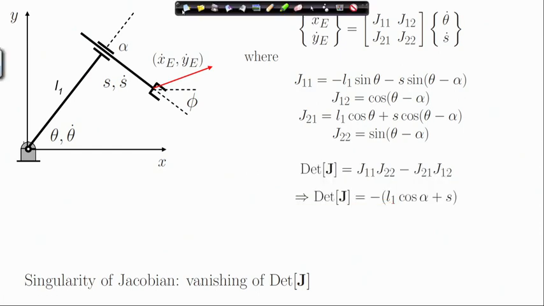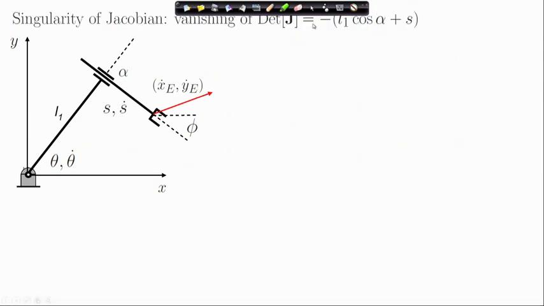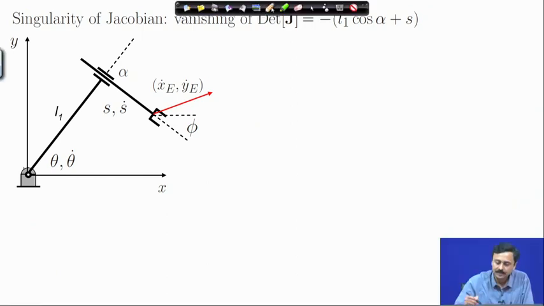and if you look at the determinant of the Jacobian of this manipulator, it is given by this relation: L1 cosine alpha plus s, the negative of it. Now what happens if this Jacobian vanishes, or where do you have singularity?